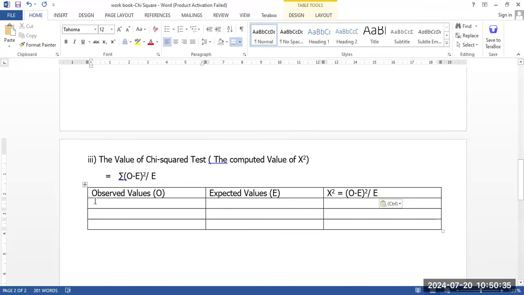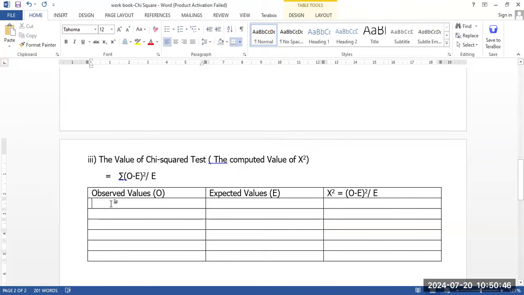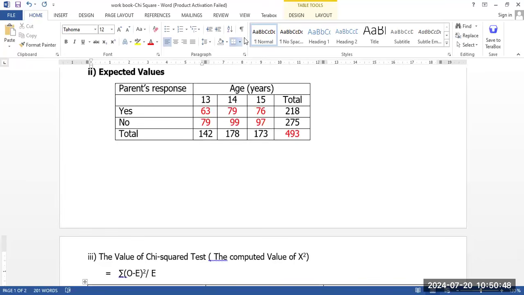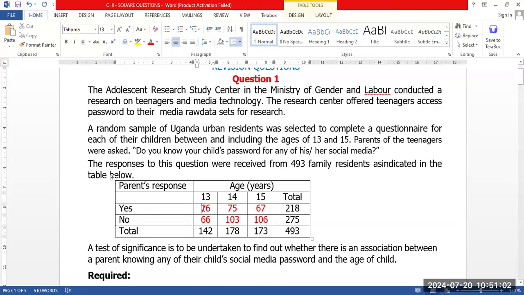So we can actually put our observed values, all of them. We first list all of them, the observed values from our question. What is the first observed value? You can decide to change a row to become a column.